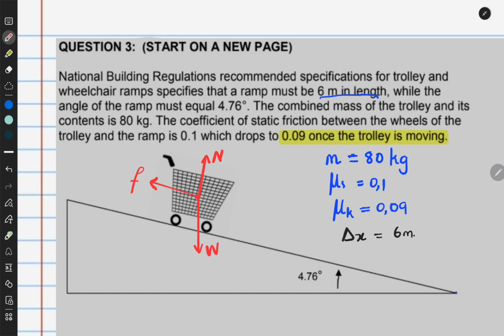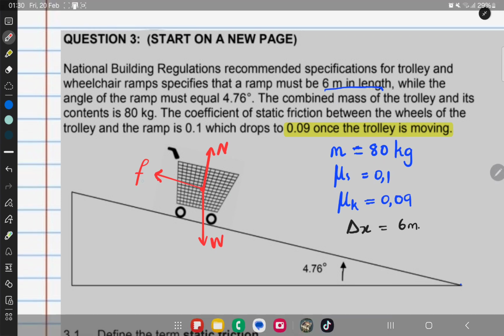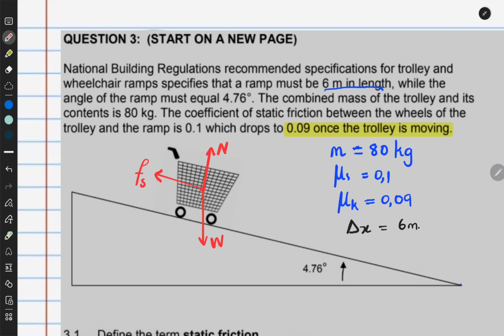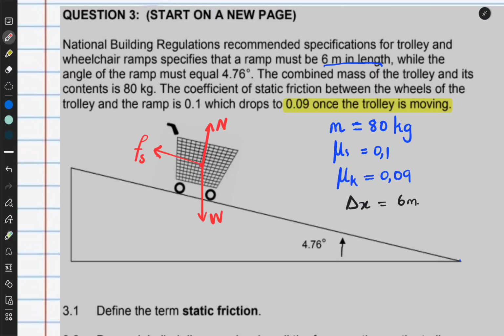If it's still not moving, we will experience static friction. If it starts moving, we will experience kinetic friction. Right now I won't mention whether it's K or S because I don't know whether it's moving or not, but let's just say static friction. These are the forces we have for this trolley while it tends to move down the ramp.